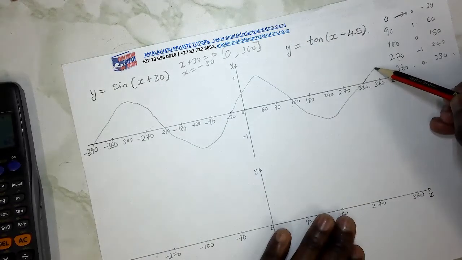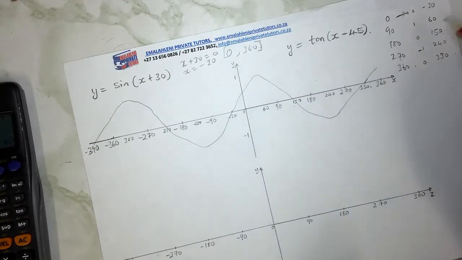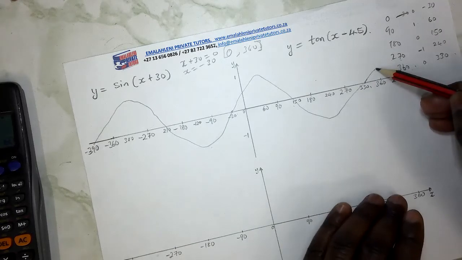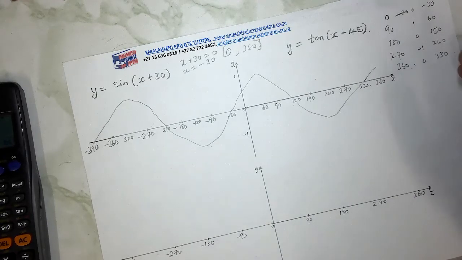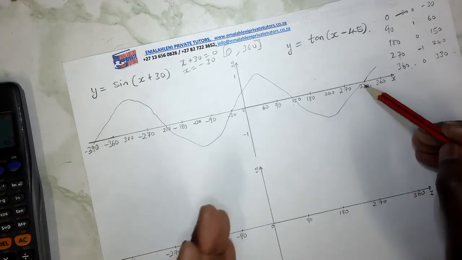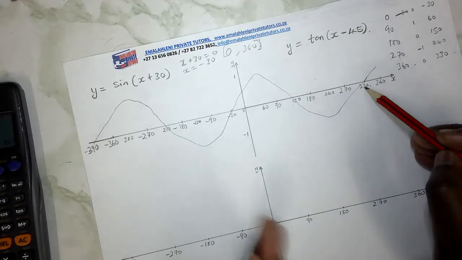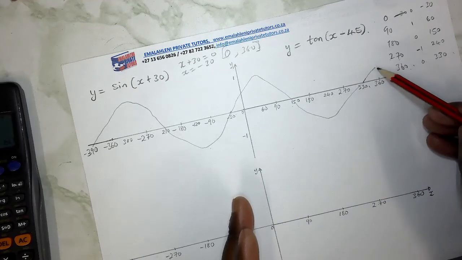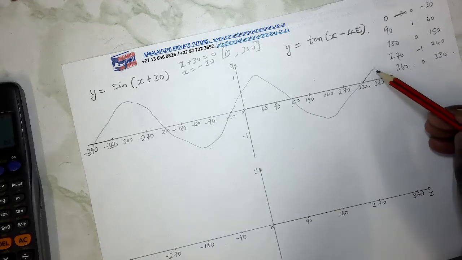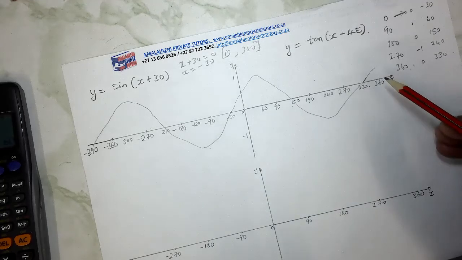You just leave it hanging because it can't pass 360, but at 360 it is not 0. It's supposed to be above 0. That's what you need to indicate when you're sketching. So if they say 0 to 360, and you know that my period is ending at 330, you just need to sketch above, indicating that the graph is still going, and at 360 it is not 0.